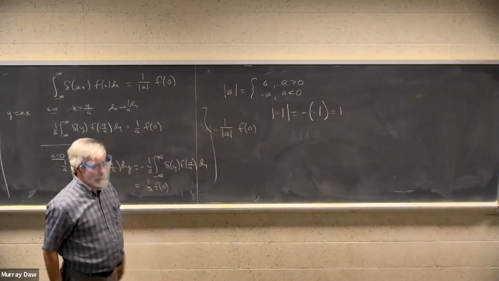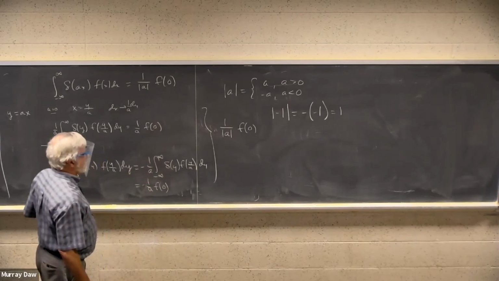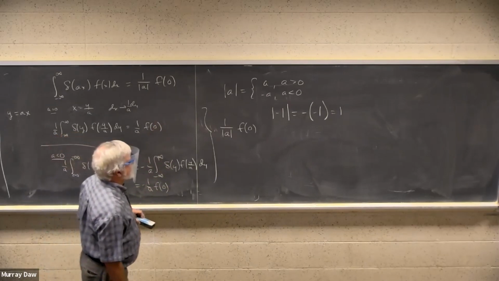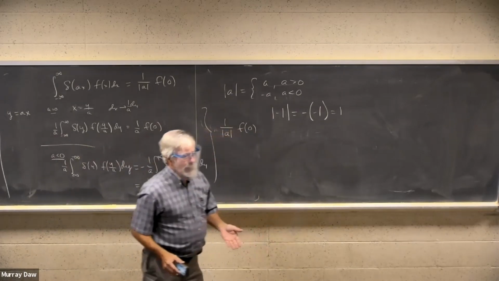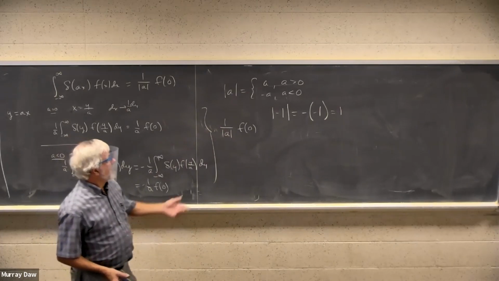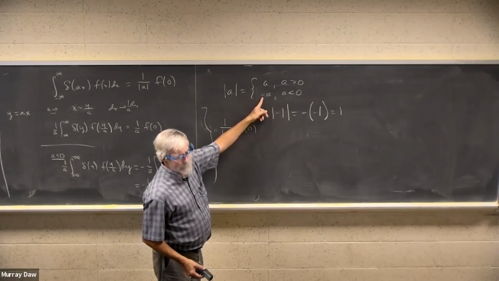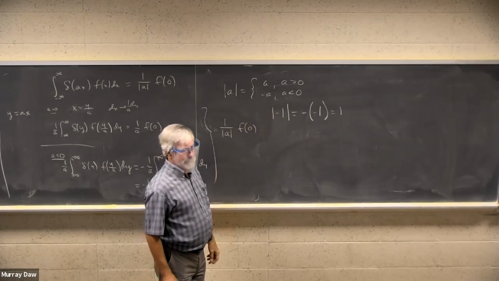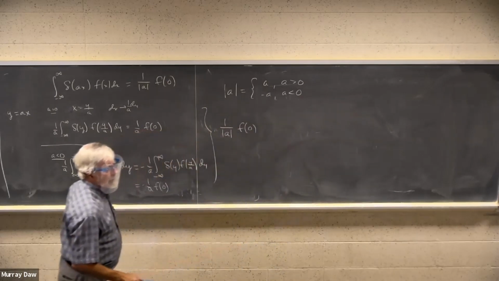The negative of a negative is a positive. The absolute value is always positive. It's just the definition of the absolute value. You take away the sign. So if a is negative, I'm going to multiply it by another negative to make it positive. But wouldn't it just be both?